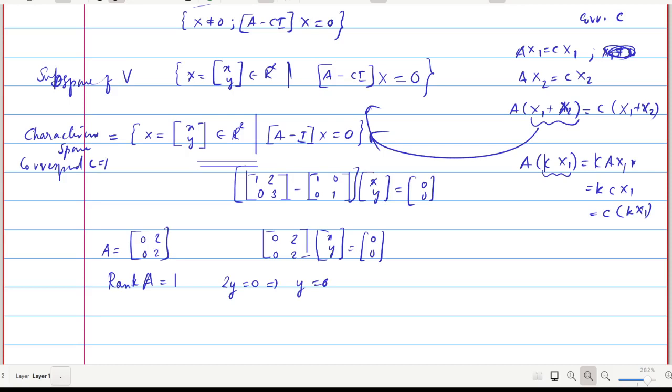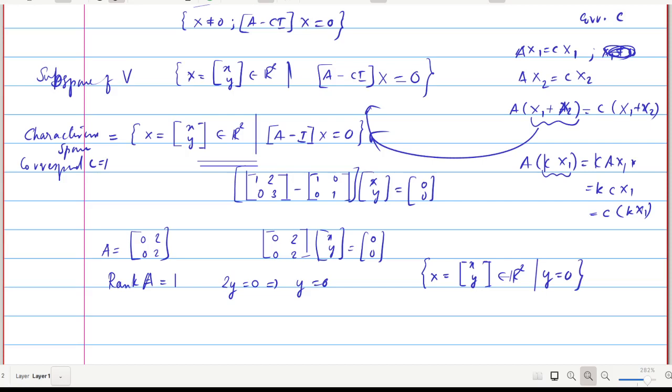Okay, which shows that the set of all (x, y) belonging to R squared such that y equal to 0 is the only possible quantity from this part. So y equal to 0.